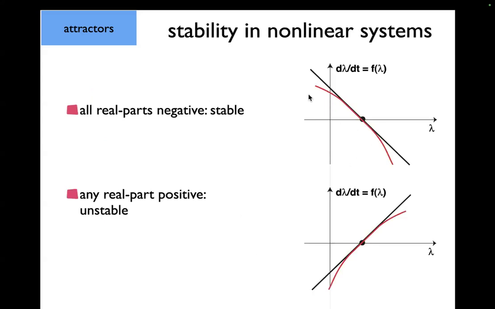So here's an example. I'm just making a 1D example, say that's maybe one eigendirection, one eigenvector. Here would be an example where this is the nonlinear system, that's the linear approximation, negative slope. So in that direction it will be stable. Again, this is the nonlinear system. The black one is the linearization, positive slope, that will be an unstable system.